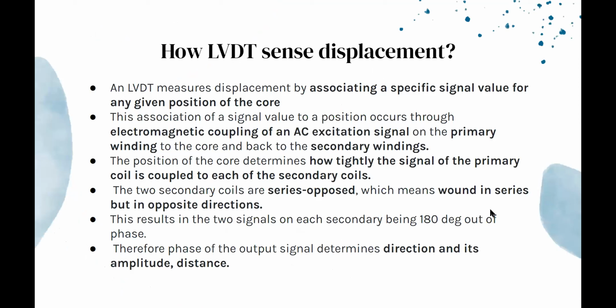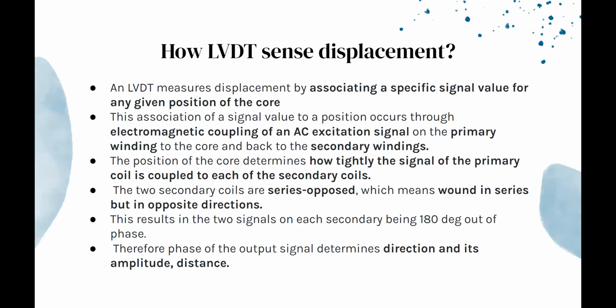So how does an LVDT sense displacement? An LVDT measures displacement by associating a specific signal value for any given position of the core. This association of a signal value to a position occurs through electromagnetic coupling of an AC excitation signal on the primary winding to the core and back to the secondary winding.